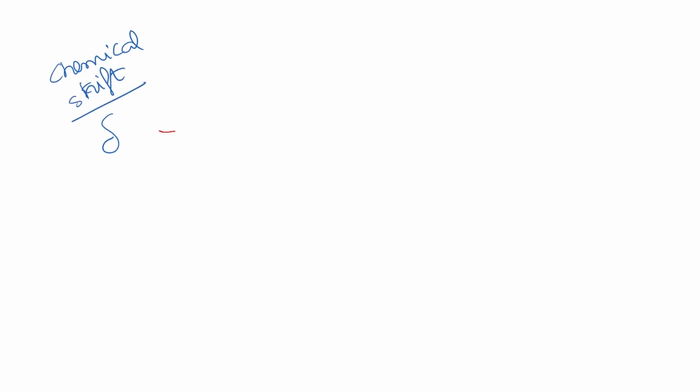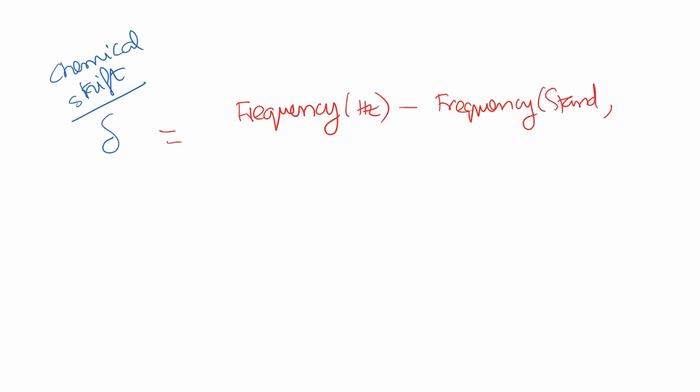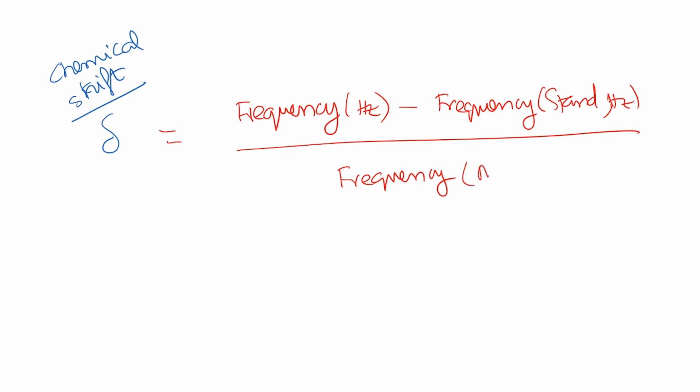So, this is defined as the frequency in hertz of the sample minus frequency of a standard, which is again in hertz, divided by the operating frequency, which is in megahertz. Okay. So, megahertz is nothing but 10 power 6 hertz equal to 1 megahertz.